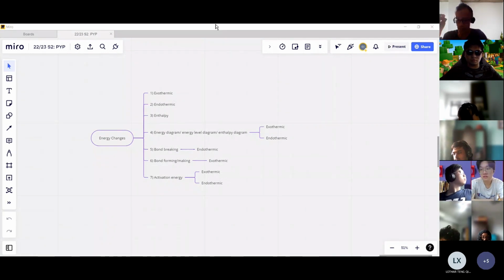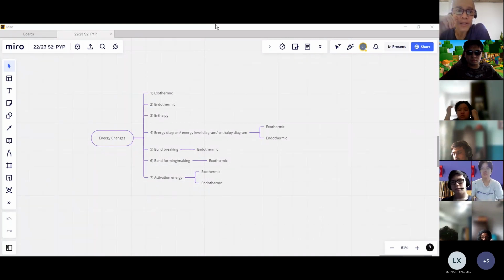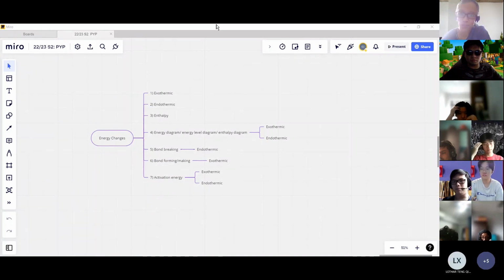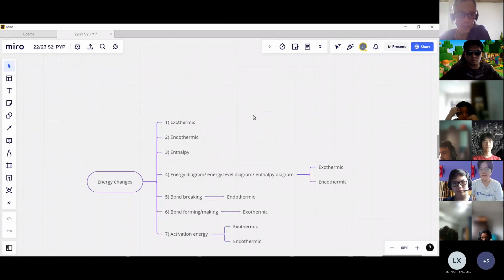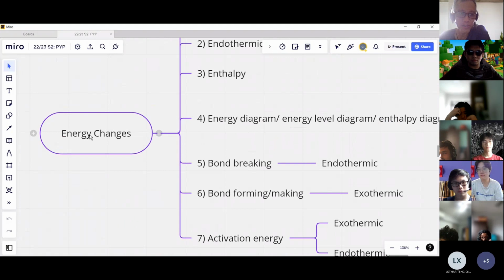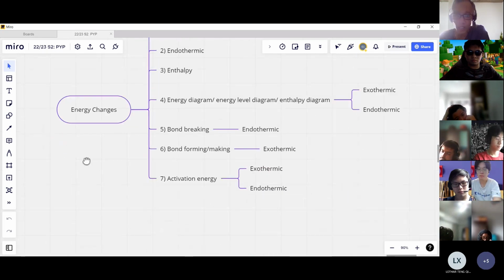Now, let's start. As I said, this term is about physical chemistry, and there are 3 chapters. Not sure whether you have gone through the content. The first chapter is what we call energy changes. The second is on rate of reaction, and the last one would be on redox.